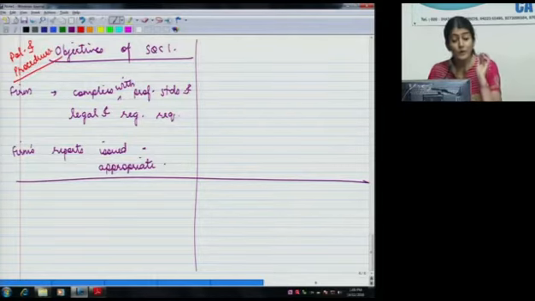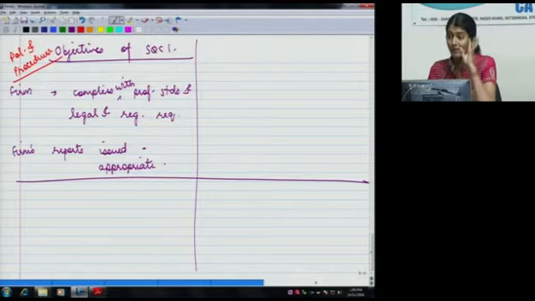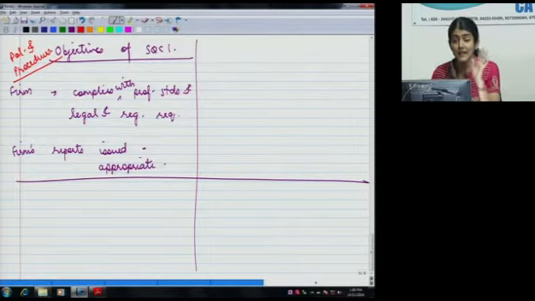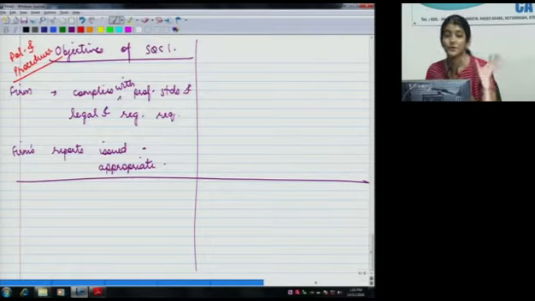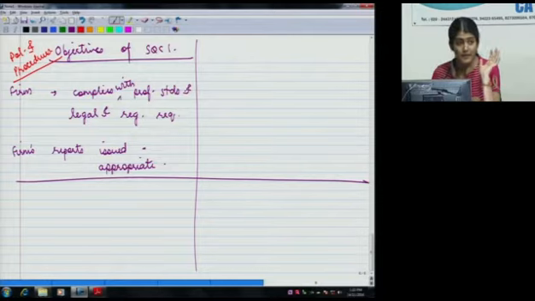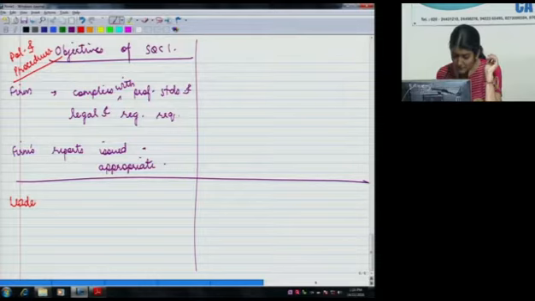One, in order to ensure that all the work done by the firm is as per the standards and the legal and regulatory requirements. And second, obviously the final deliverable of the firm is the report, so whether the firm's report issued is appropriate in the circumstances. And then tell me, who is the leader for the purpose of SQC1?